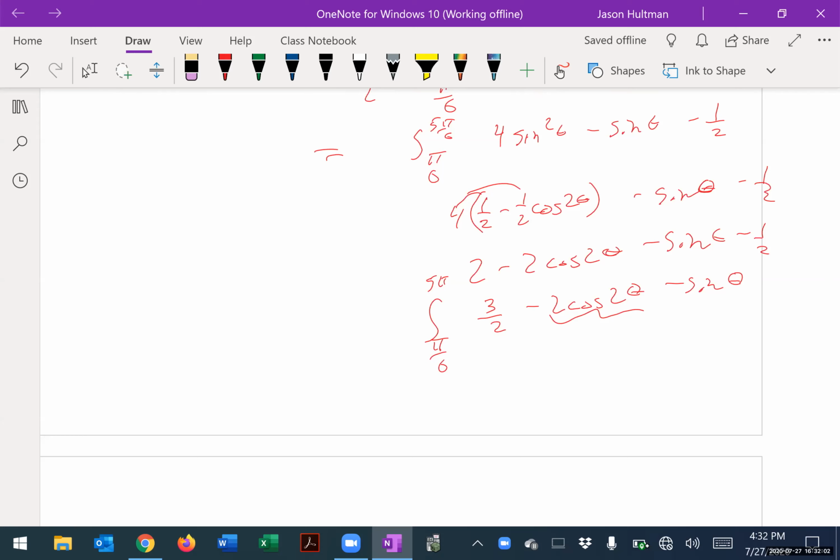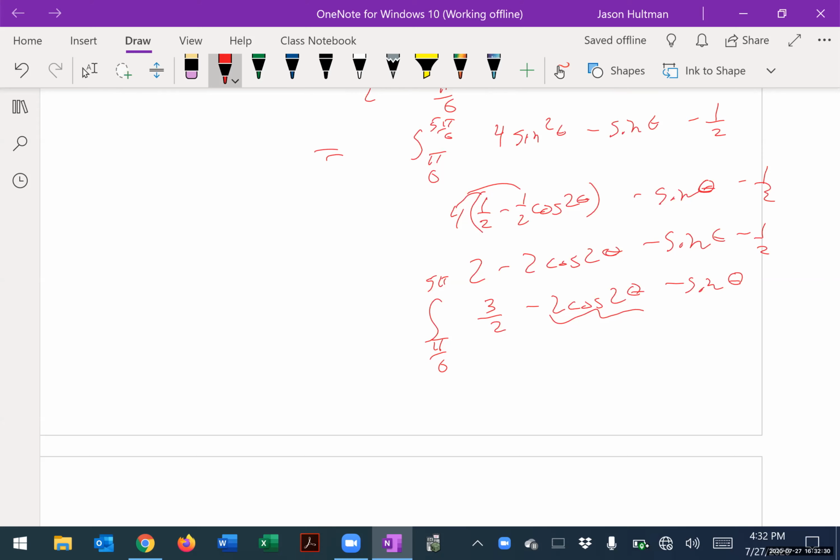Right, so the outcome here would be that I would end up dividing by 2. Well, let's just do the u sub anyway. Just know that this 2 is going to cancel because we're going to get a du over 2.